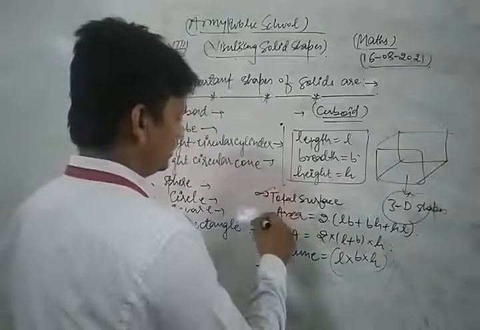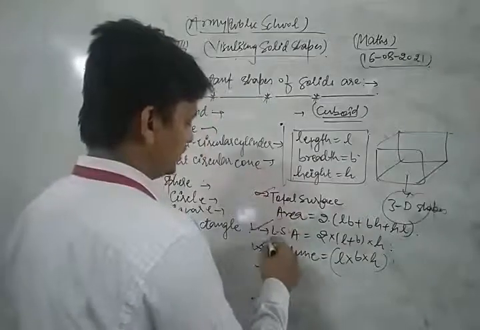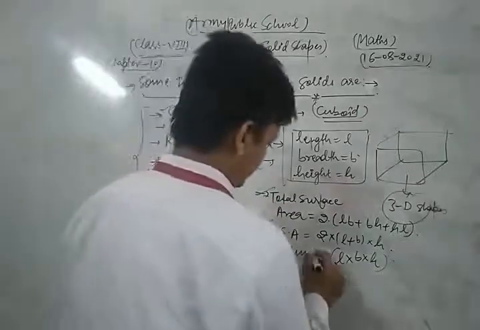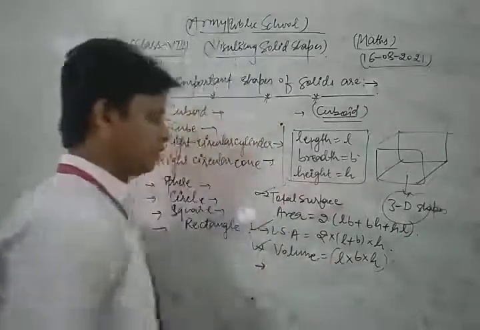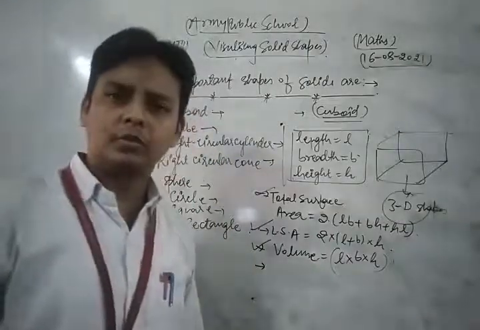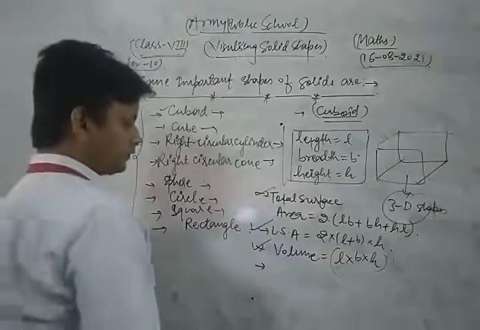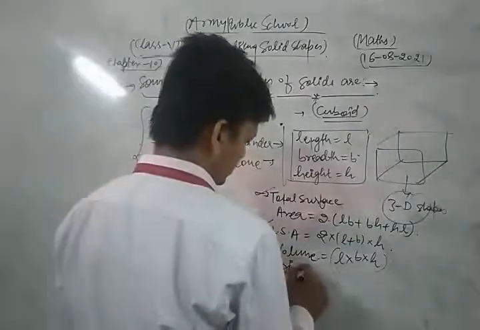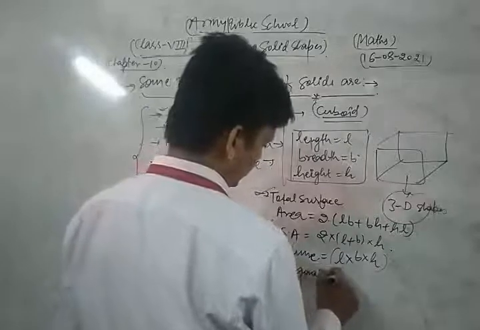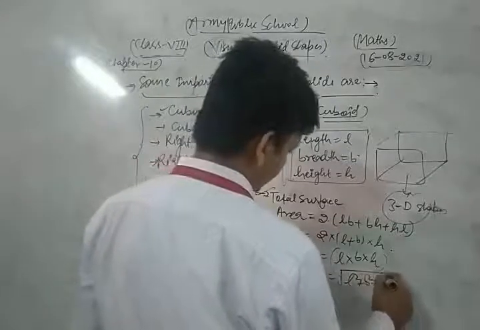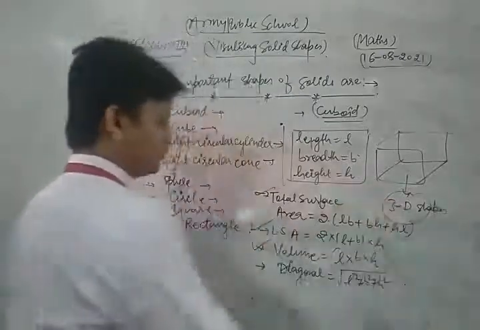This is the total surface area, this is the lateral surface area, and this is the volume, length into breadth into height. Now the last one is the diagonal of the cuboid. The diagonal is the square root of L square plus B square plus H square.